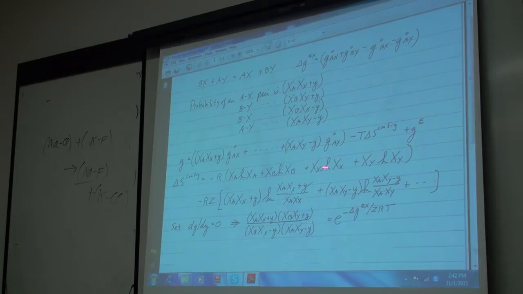The configurational entropy we still write as x_A log x_A plus x_B log x_B, same thing. It doesn't mean it's a random mixture now. On each sublattice, the A's and B's are mixing randomly, but the number of pairs is not necessarily the same anymore.